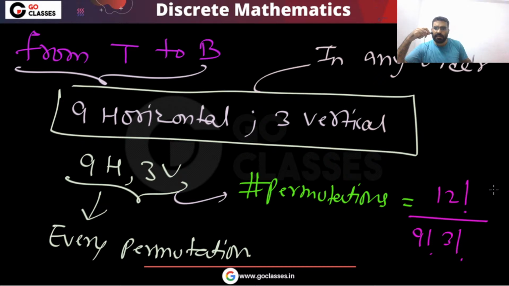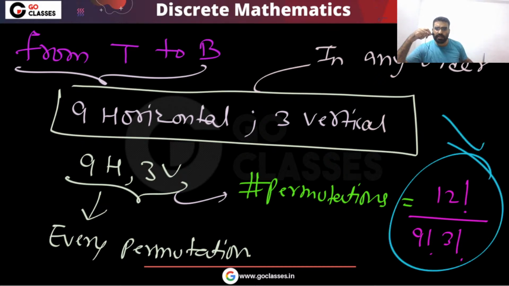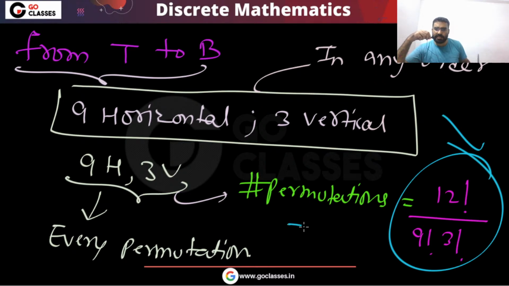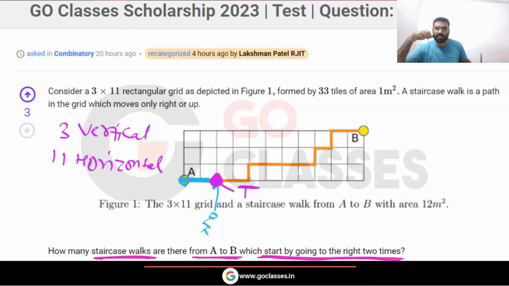So the answer will be 12C3 or 12C9. This is your answer. Very simple question.